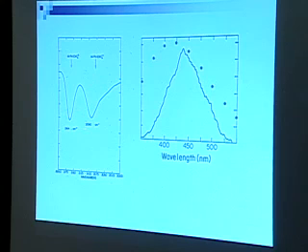This is an electrode that we held at the redox potential, so it's a 50-50 mixture of both, and so we see both peaks. But if we had the electrode held at a very oxidizing potential, we just see this peak, and at a reducing potential, we just see this peak.